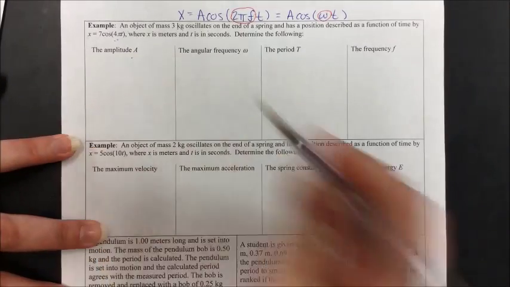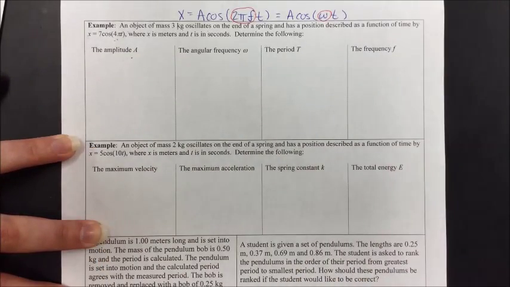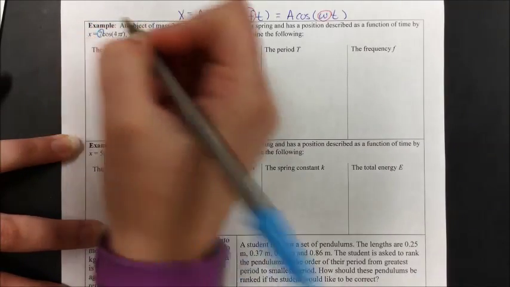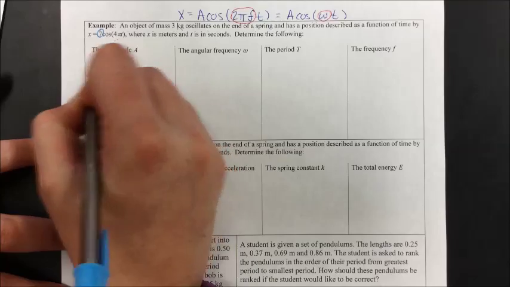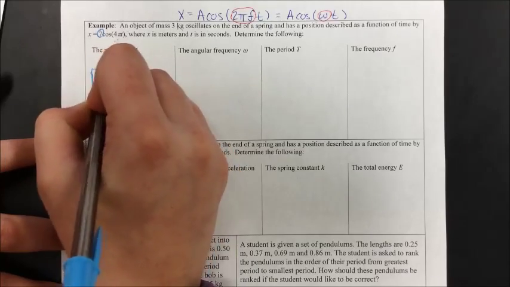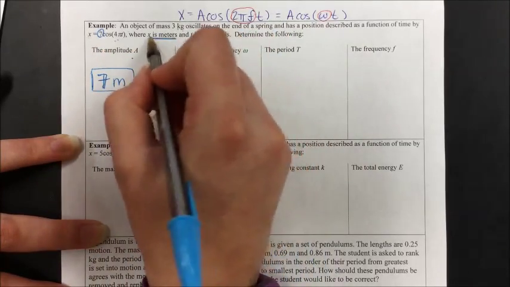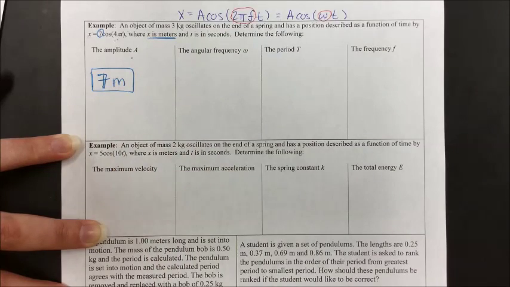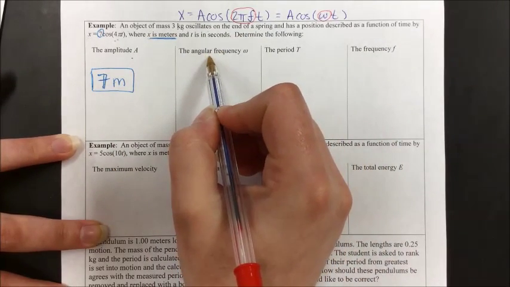So the first thing that we want to do is look at our amplitude, and we can find our amplitude just straight from our equation. So that's going to be 7 meters. And we know it's meters because that's what this part was here. X is in meters. Then the next one asks us our angular frequency.